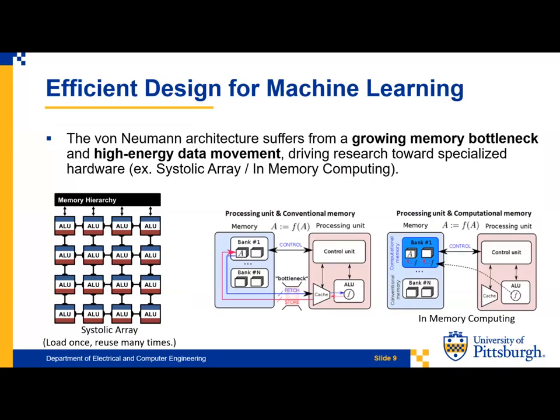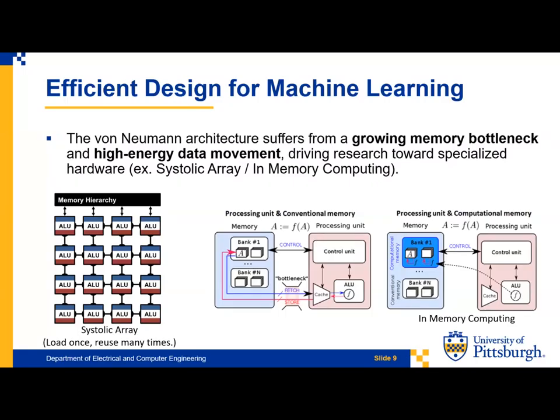That's why we need a more efficient design for machine learning, because the von Neumann architecture suffers from the memory bottleneck and high-energy data movement. This is driving research toward specialized hardware design, and today we will introduce two hardware designs for efficient machine learning computing.